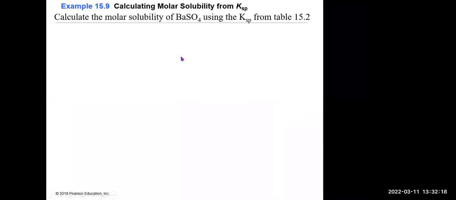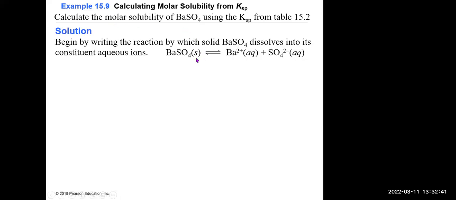So now you can use the Ksp from the last slide to calculate the molar solubility. What that means is you can see how much of the BaSO4, in concentration of molarity, dissolves in water. So what you do, you will write this equation.